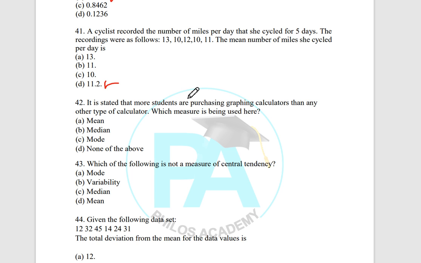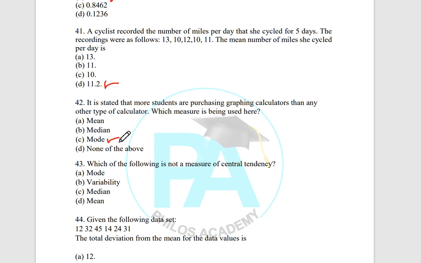So let's proceed to question 42. Question 42 says, it is stated that more students are purchasing graphing calculators than any other type of calculator. Which measure is being used here? How do you know that students are purchasing graphing calculators more than any other? We use the mode to detect.